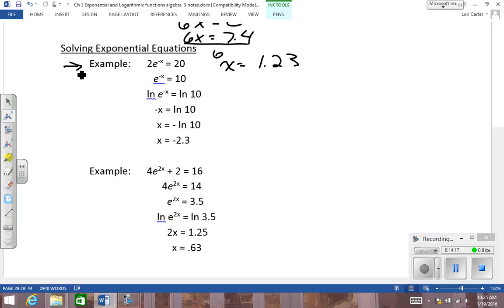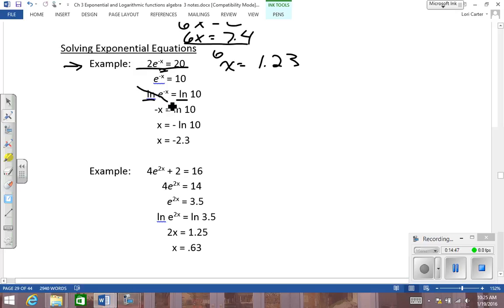Divide by 2, because I have to get the e by itself. First step, no matter what, it's got to be alone. So this 2 has to go away. How do I get rid of the e? Ln, because they're inverses. Whatever you do to one side, you must do to the other side.